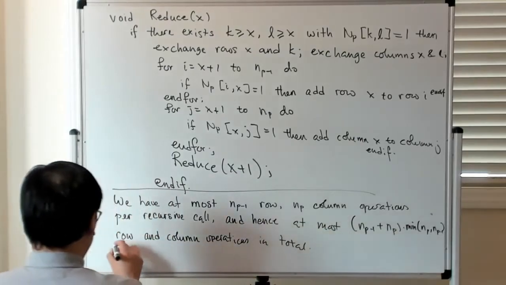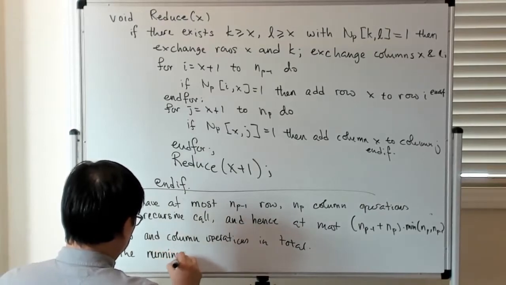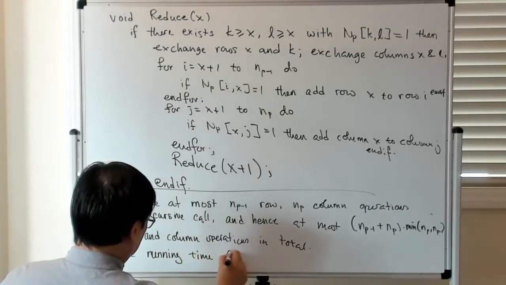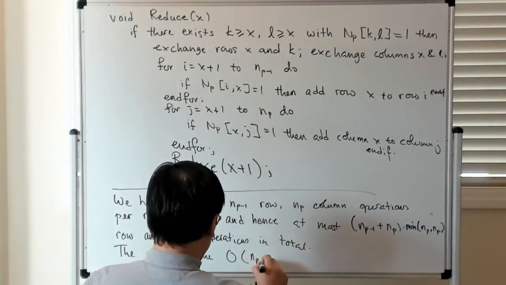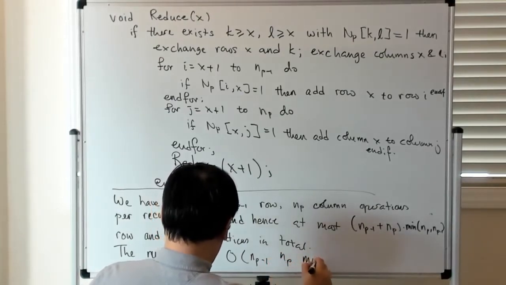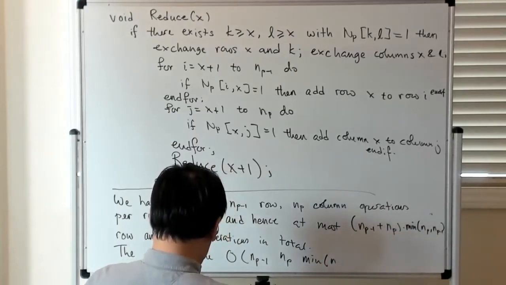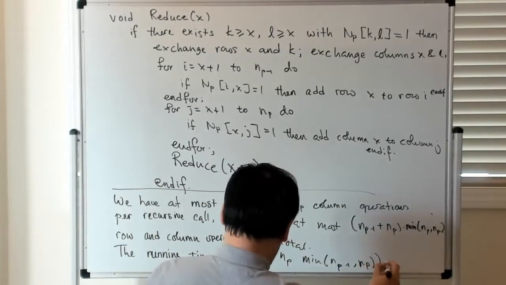So the running time looks something like big O of n_{p-1} times n_p times the minimum of n_{p-1}, n_p.